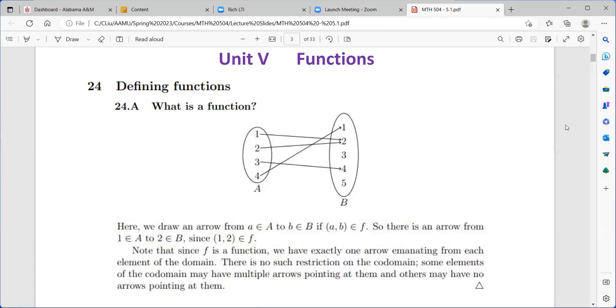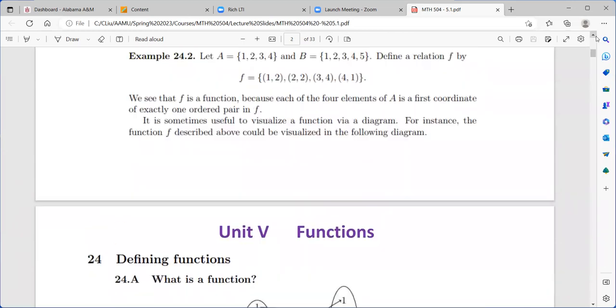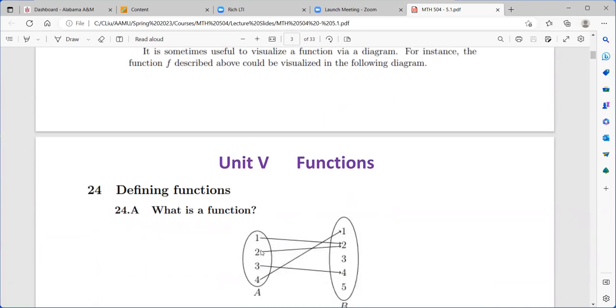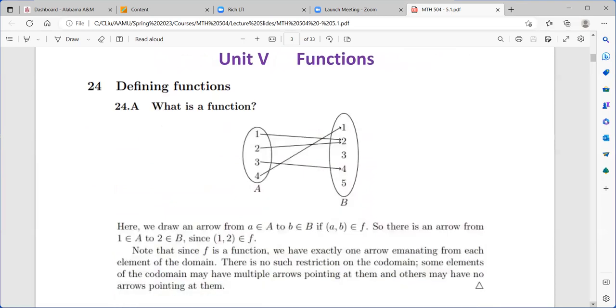In this example, 1 goes to 2, 2 goes to 2, 3 goes to 4, 4 goes to 1. So both 1 and 2 in set A correspond to 2 in B, and 3 goes to 4 and 4 goes to 1. Let's draw those correspondences with arrows.